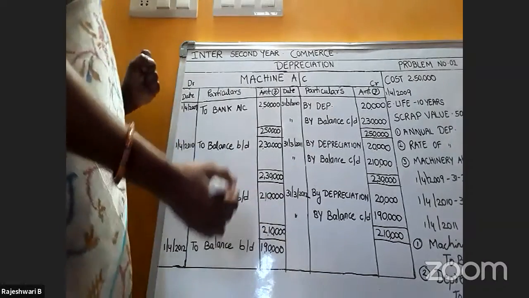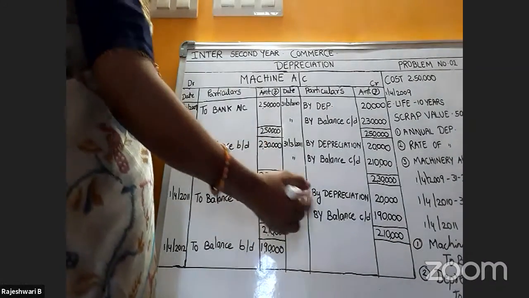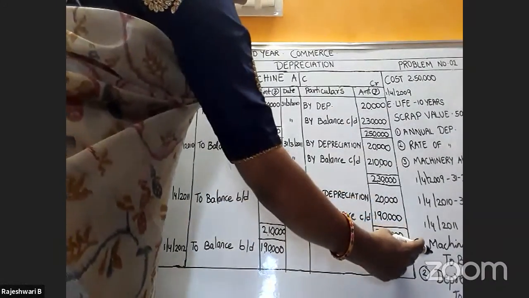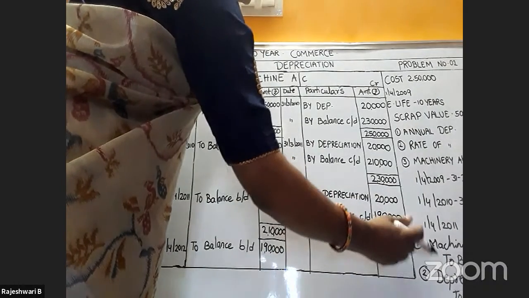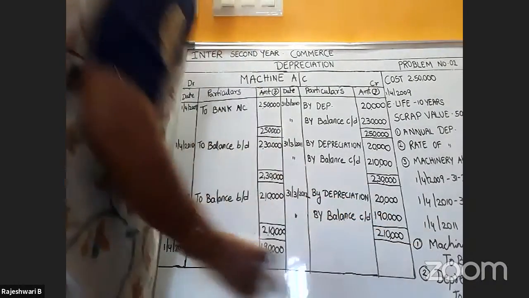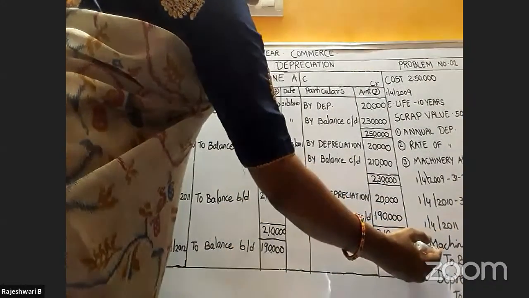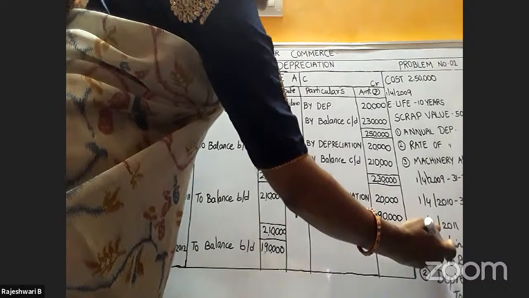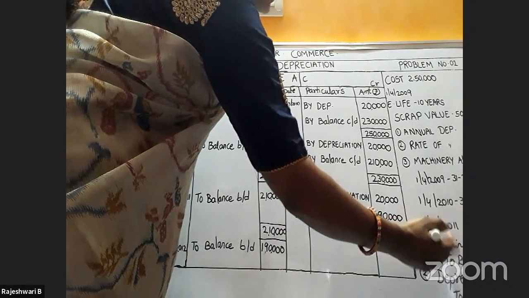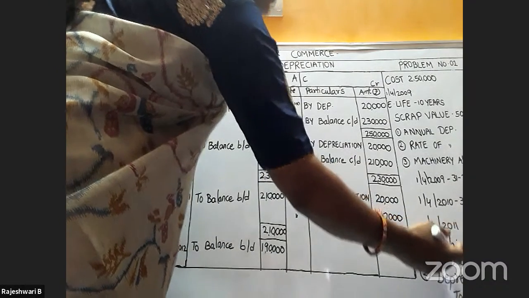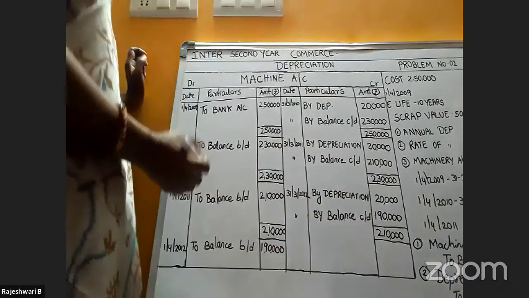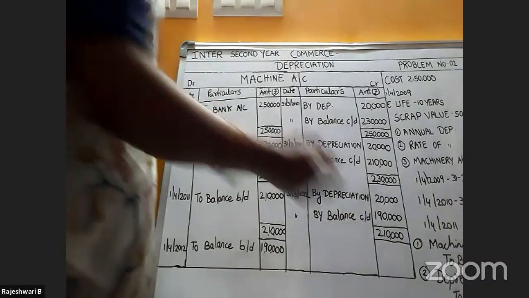These are the journal entries for the machine account. Machine account debit to bank account. The machine account is a real account. As per real account, debit what comes in, credit what goes out.